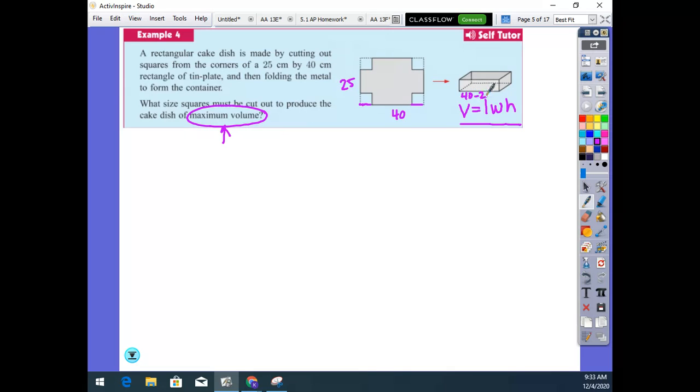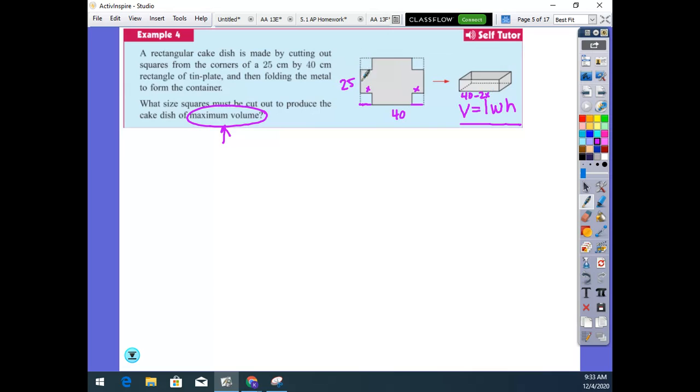This will be easier if we come back into class. I actually use a piece of paper and cut these corners out. It's easier to see. If you fold this up, you're missing this part and this part. That's why this inside is 40 minus 2x.